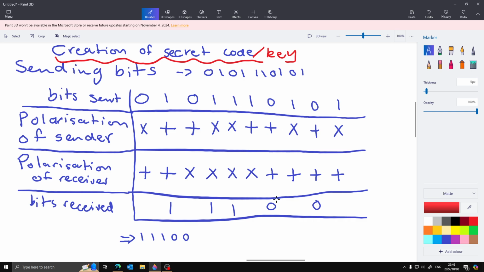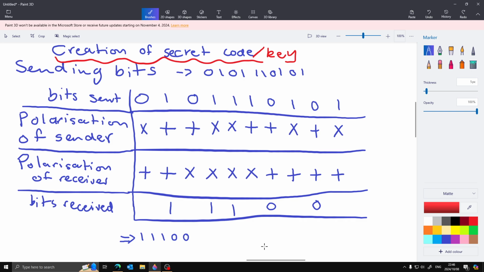These polarizations are the same, so we end up receiving our 0. Every time we don't have the same polarization, no information is received, and that's essentially ignored. So the secret key that we get is 11100, and this is the secret key that was made up depending on the polarizations that you had.